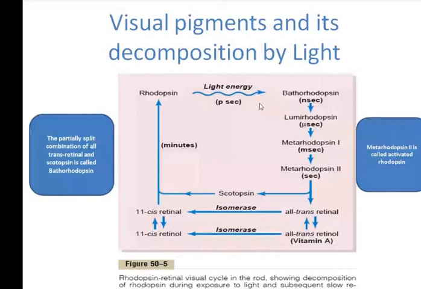I have already told you cis retinol plus scotopsin forms the rhodopsin. When the light strikes it, within a nanosecond it leads to the formation of this structure, a partial split combination of trans retinol and scotopsin.